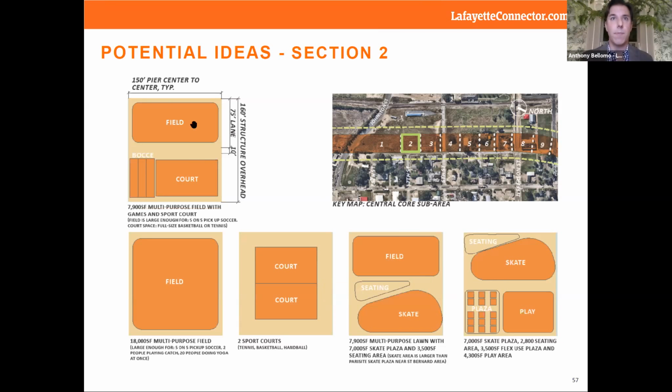There could be a mix of active recreation use. There could be priority given to one kind of active recreation use. It could be determined that there's no need for active recreation under this overhead, and in fact, it's better suited for passive recreation or gathering or art installations. So this is really just to start to show people how things might fit into these compartmentalized spaces. But none of this has been predetermined.